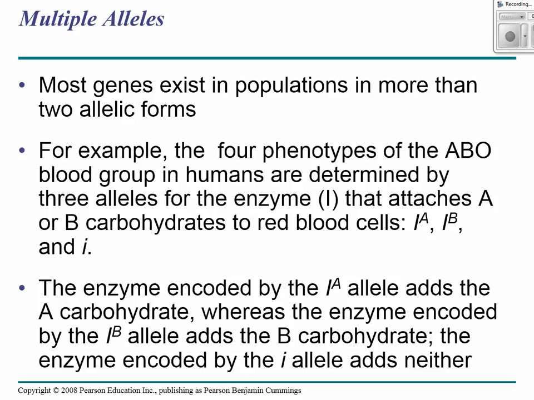And a little bit more detail on it. The enzyme encoded by the A allele adds what we named an A carbohydrate to the red blood cell membrane, so they have this A carbohydrate attached to a protein. Whereas the enzyme encoded by the B allele adds a B carbohydrate, and again, the little i adds nothing.